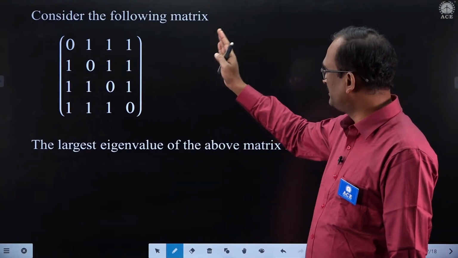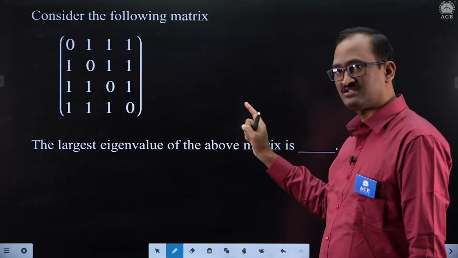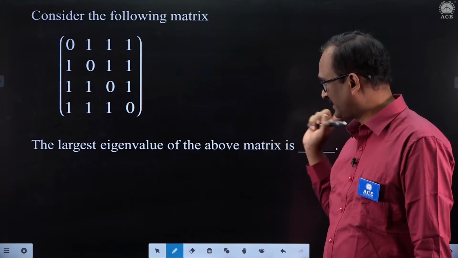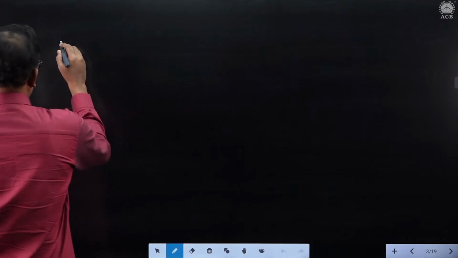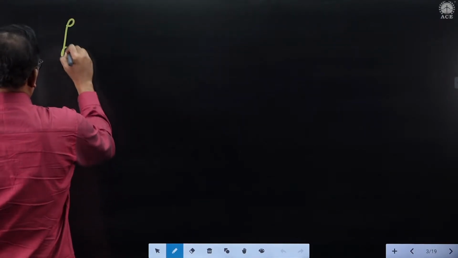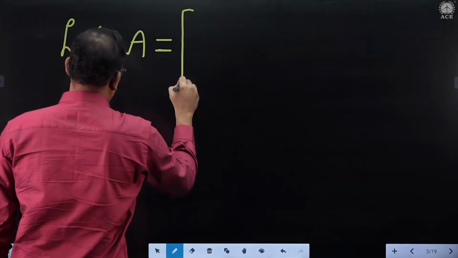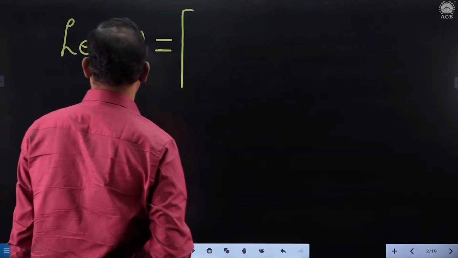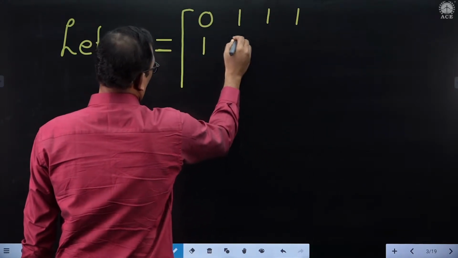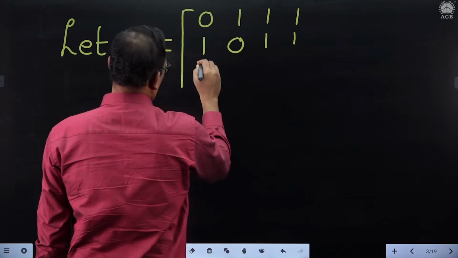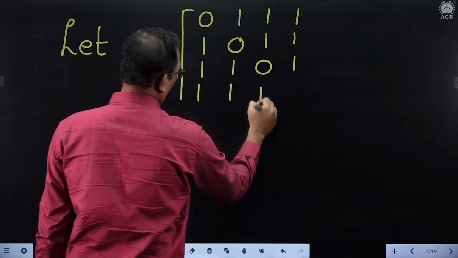Consider the following matrix. For this matrix, we were asked to find the largest eigenvalue. First of all, let the given matrix be A: 0, 1, 1, 1, 1, 0, 1, 1, 1, 1, 0, 1, 1, 1, 1, 0.